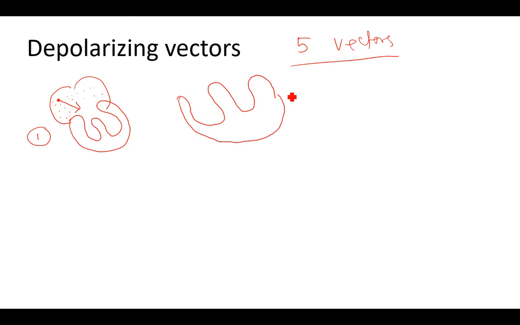Now the second vector is operating within the septum and from left to right. Okay, this is the second vector within the heart that is operating from left to right, and it is depolarizing the interventricular septum, right?